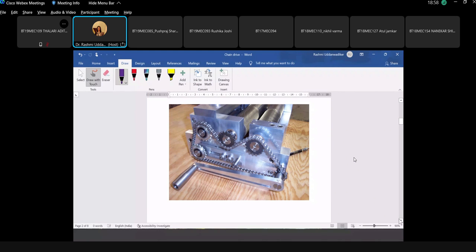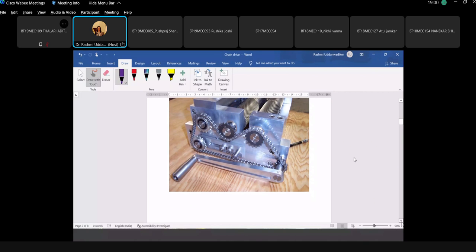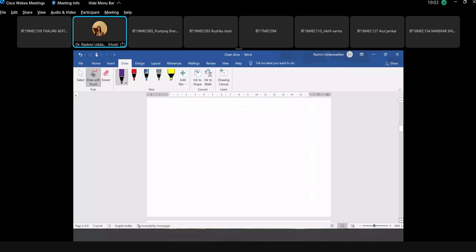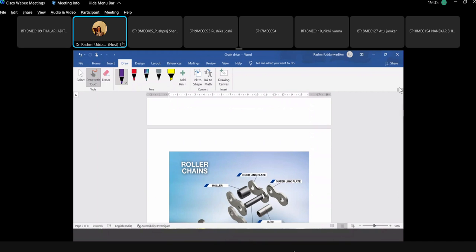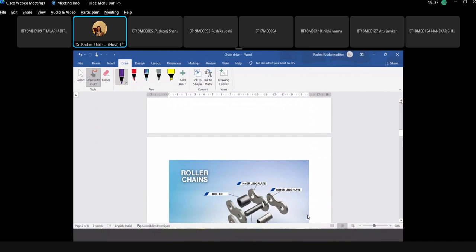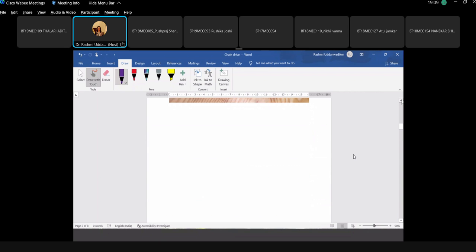So that is the advantage of chain drive. So before we go into details of this, let us quickly talk about the advantages and limitations of chain drive.